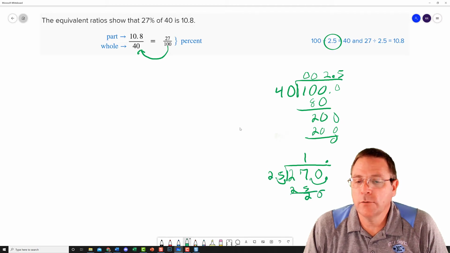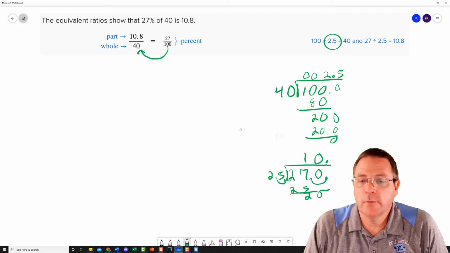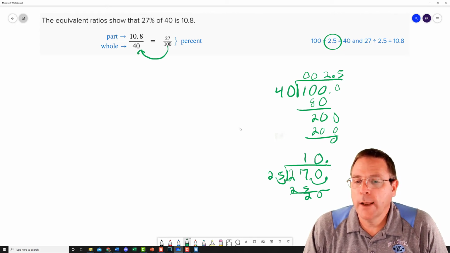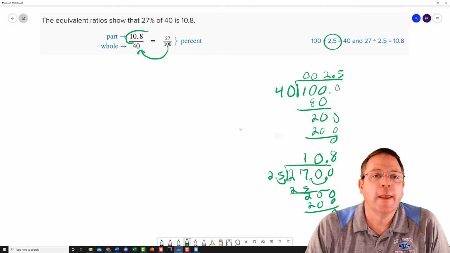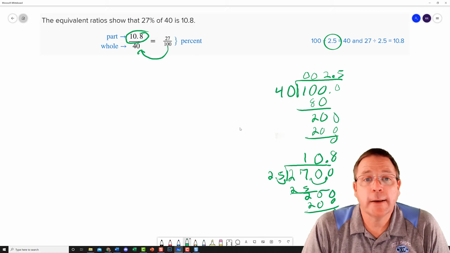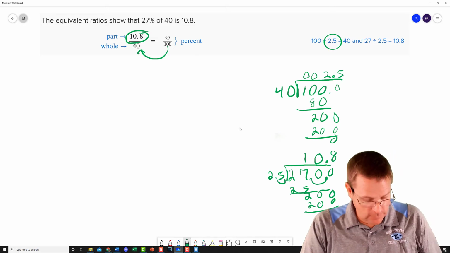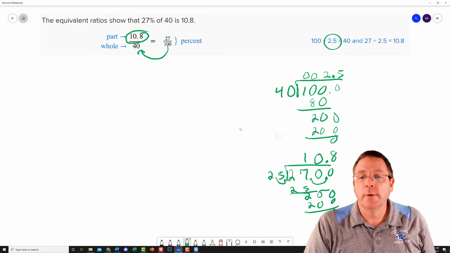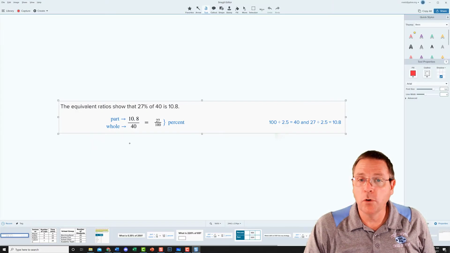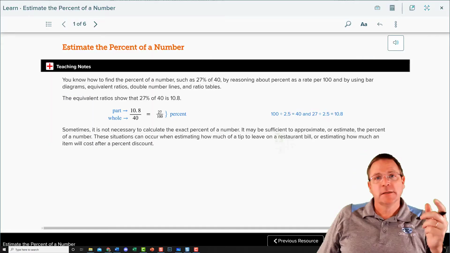Bring down your 0. 25 goes into 20 0 times. So annex in another 0 and bring it down. 25 goes into 100 8 times, which is going to be 8 times 25 is 200 with nothing left over. And that is where they got that 10.8 from. They made some pretty big leaps there, and I wanted you to be able to see what good quality supporting work would look like for this one.